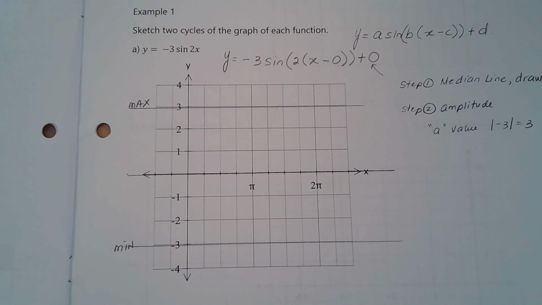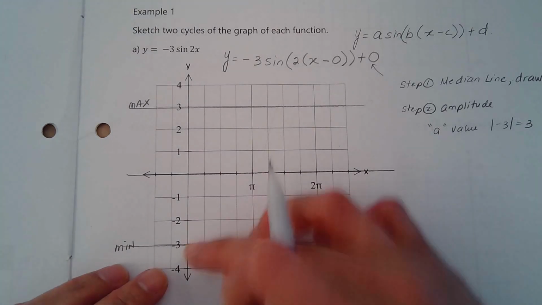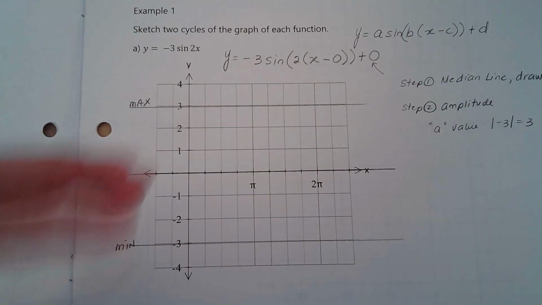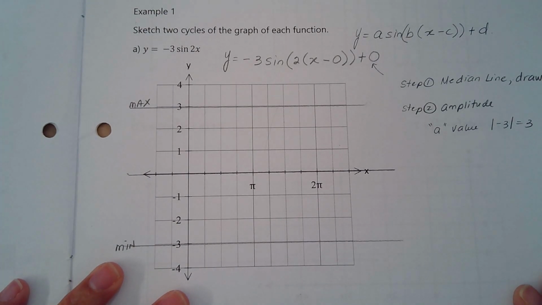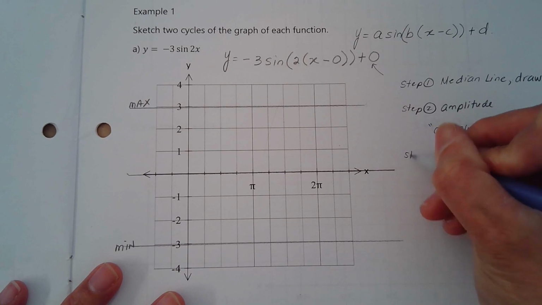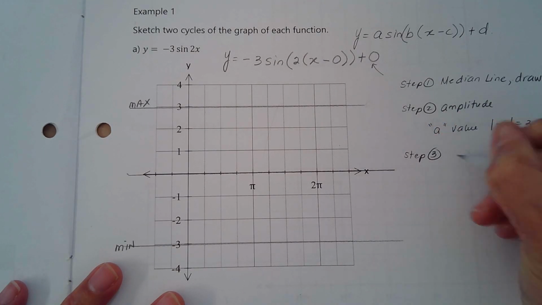Okay, that's good, because if you go anything above that, not good, and if you go anything below, not good either. And if you don't reach a maximum, that's not good, and if you don't reach a minimum, that's not good either. So it has to fluctuate between those 2 lines. Okay, now what's the next thing we've got to do? We've got to set it up so that we can figure out step 3, the period.